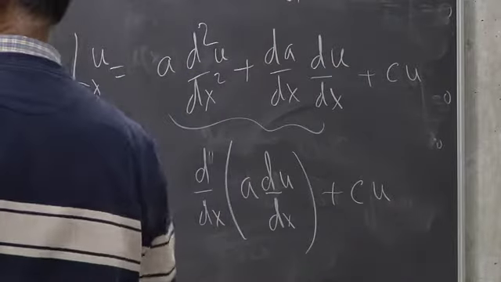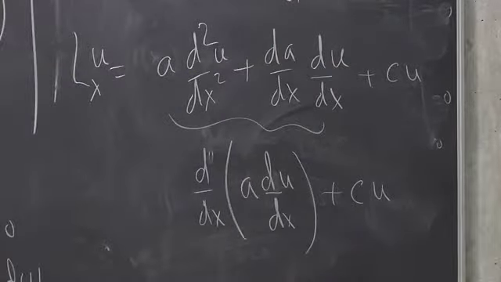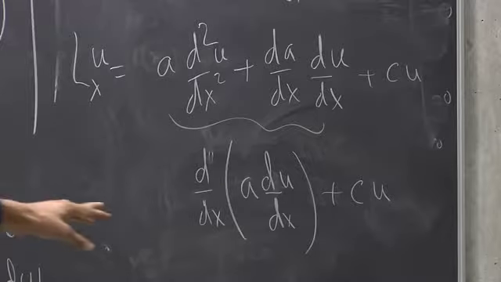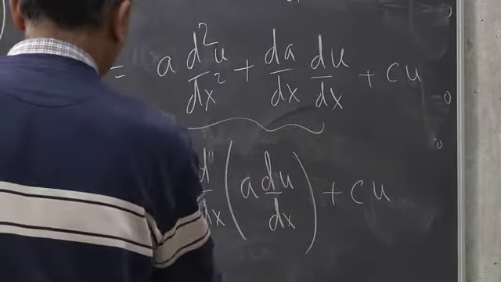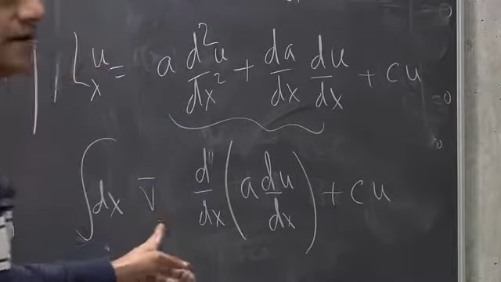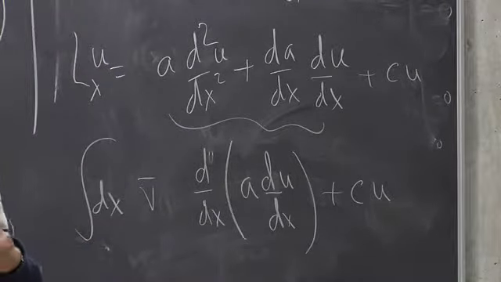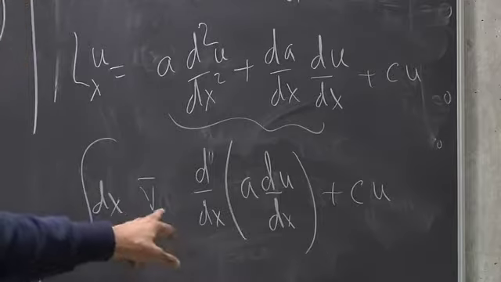Because if you start from this expression, remember how we got L dagger by doing partial integration. You multiply this by V bar and take the integral dx. Remember, in this entire discussion, I have taken W equal to 1.